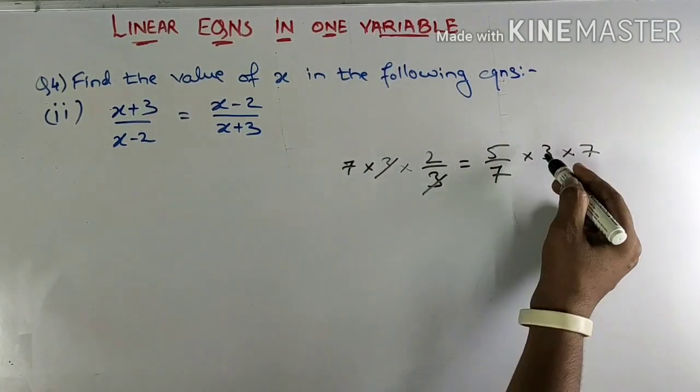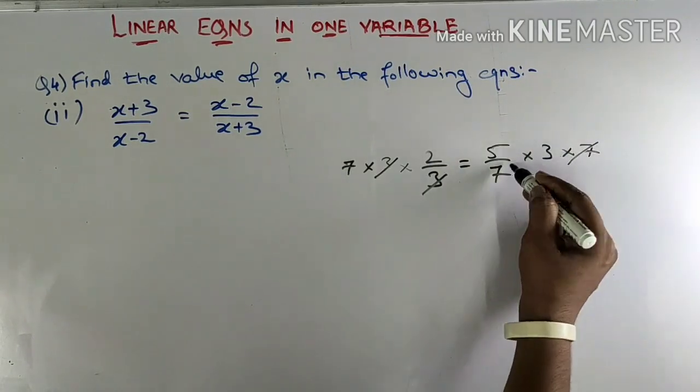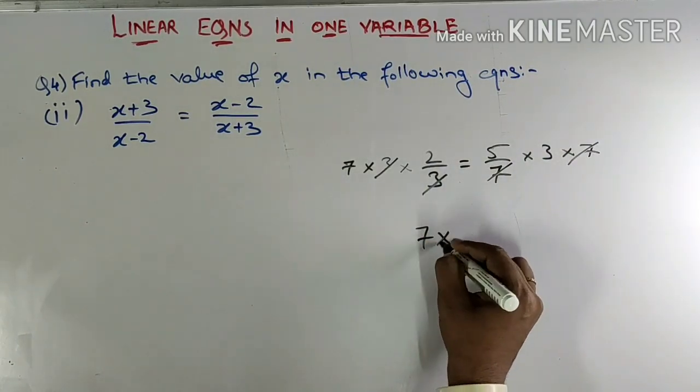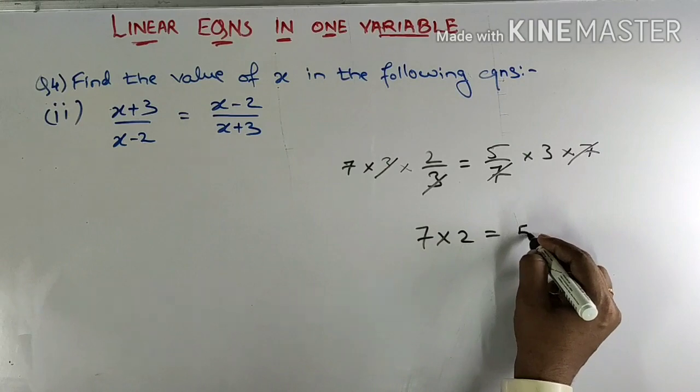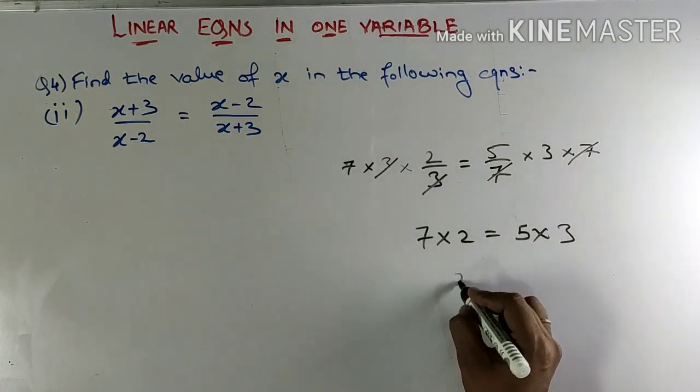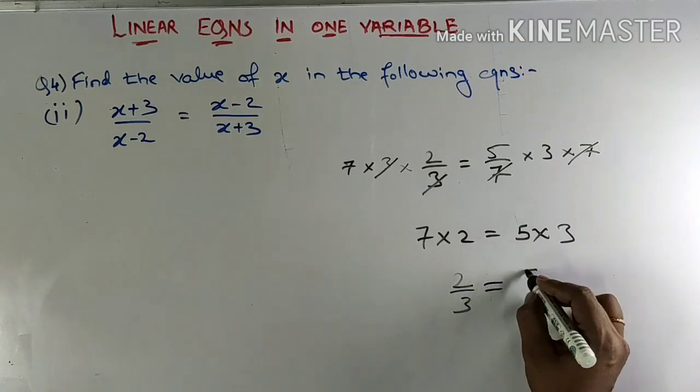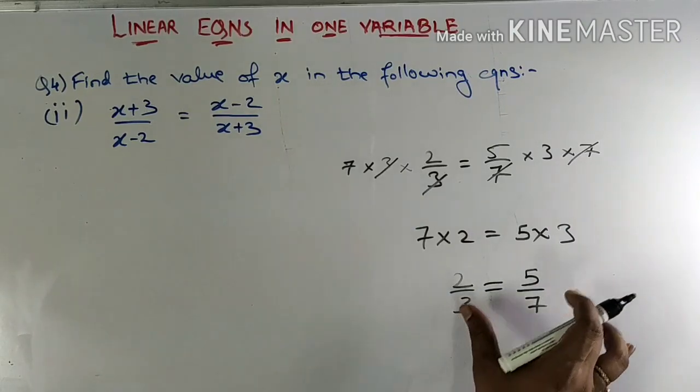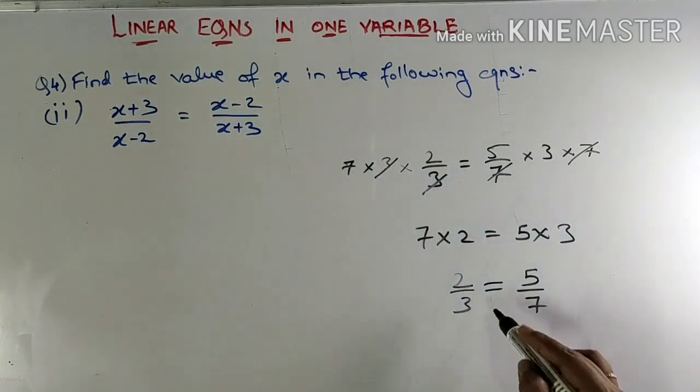So what are we left with? 7 into 2 and 5 into 3. 2 by 3 equals 5 by 7. This was my previous equation.